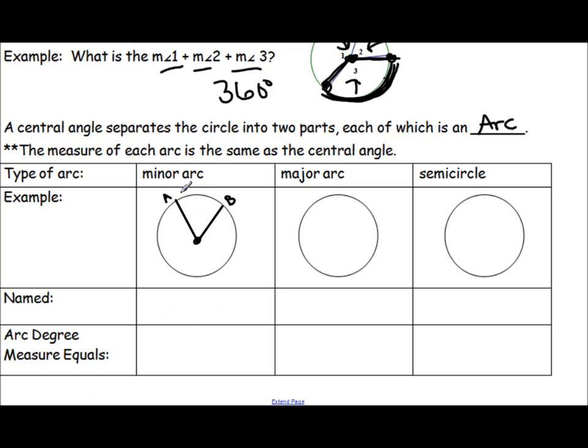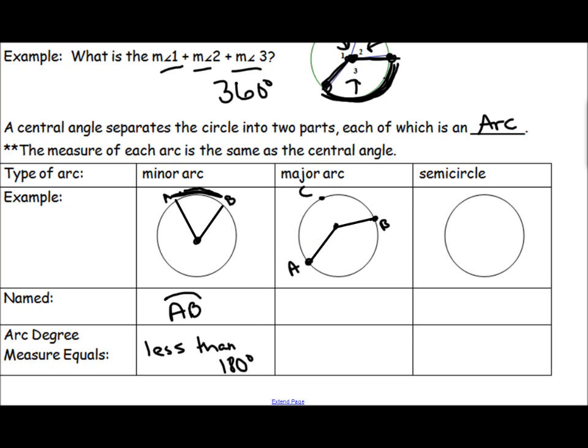We name it using 2 points of the arc with this symbol above it, AB. So this central angle, which is also the same as the measure of the arc, is less than 180 degrees.